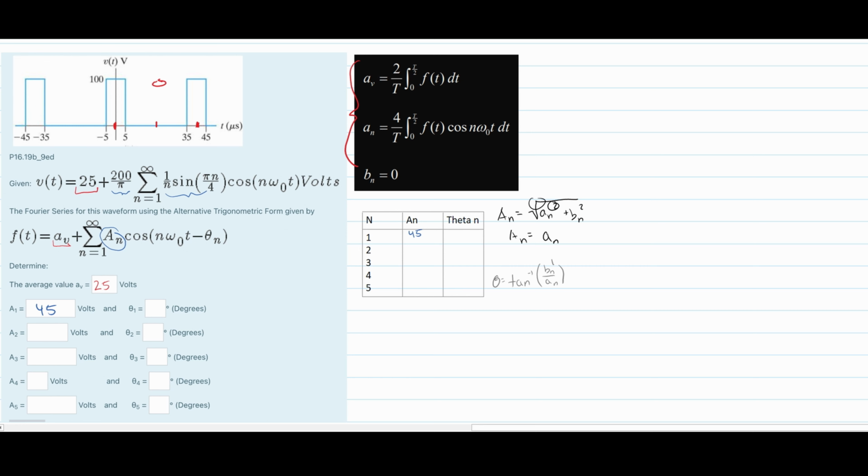Well, since Bn is equal to 0 for all of these, if we were to just plug this into a calculator once, we would see that all of our degrees are 0. And that's because the tangent inverse of 0 is just 0. So we have 45, 0, and now we need to plug in the next thing.